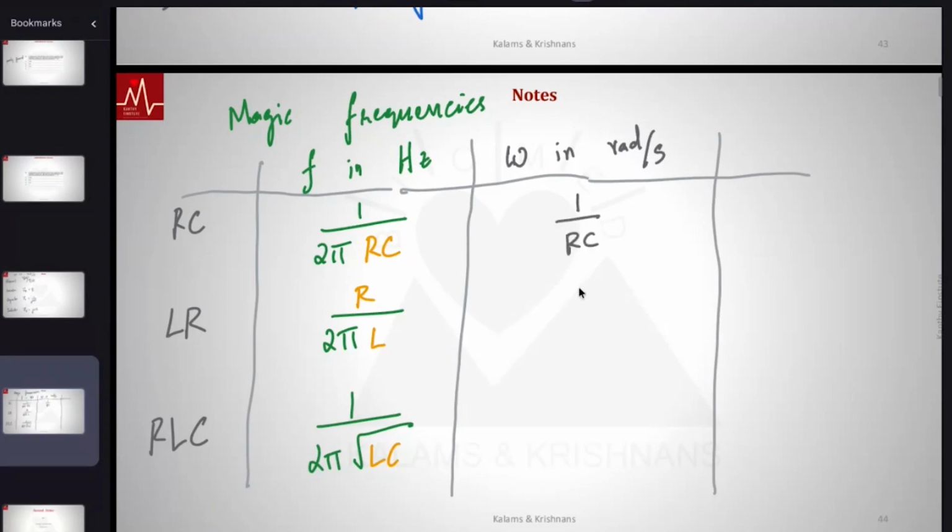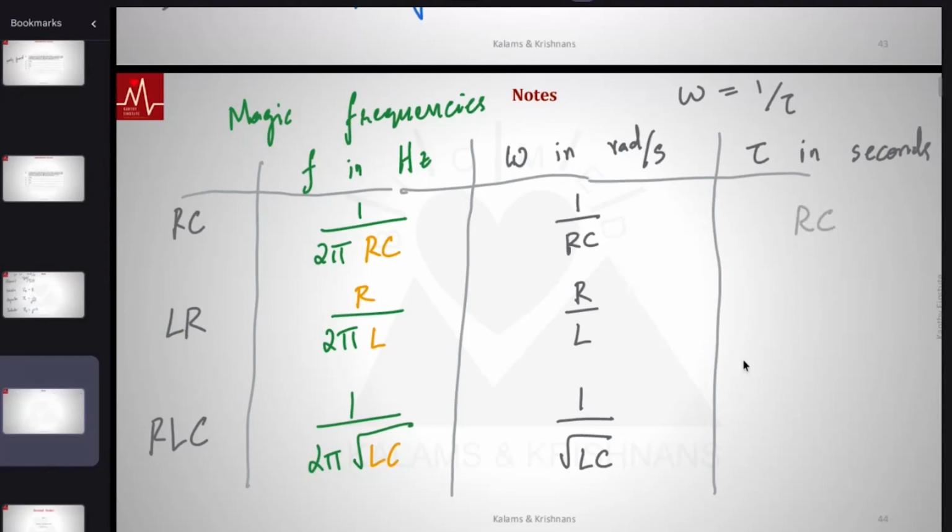This is R by L. This is 1 by square root of LC. Just to remind you, this omega happens to be 1 over tau, where tau is a time constant in seconds. For an RC circuit, this is RC. For an L over R circuit, this is L over R. And there are many time constants here.